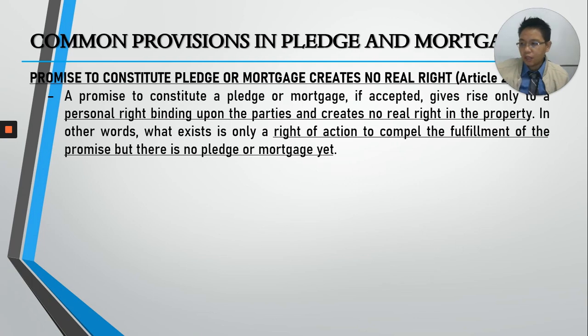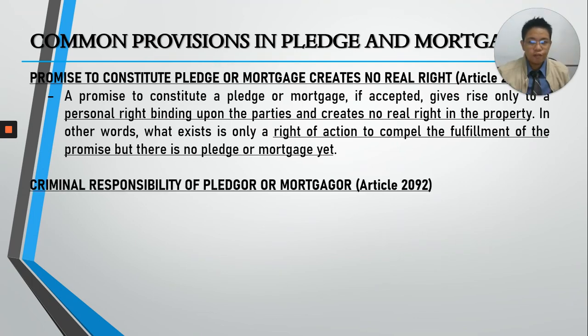So, that is what you have to remember in 2092. Please take note also of the criminal responsibility of the pledger or mortgagor under 2092. Under 2092, the pledger or mortgagor incurs criminal responsibility if they offer in pledge or mortgage a property as unencumbered, when in truth and in fact, it is subject to some burden.